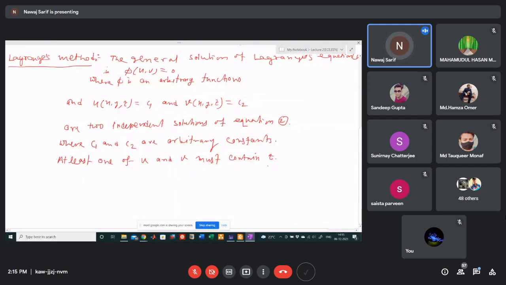So when you find the solution of the form u of xyz equal to C1 and v of xyz equal to C2, then at least one of u and v must contain z. If u and v do not contain z, then you cannot find the solution, because in the general solution there must be a dependent variable.